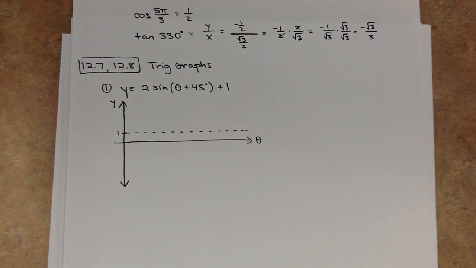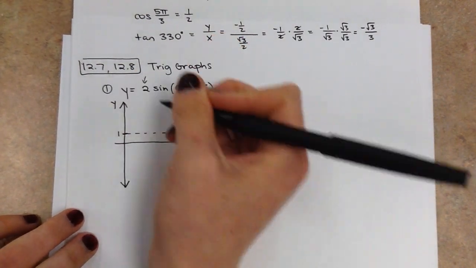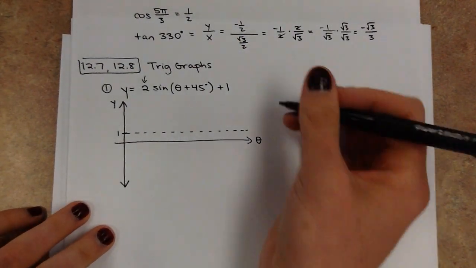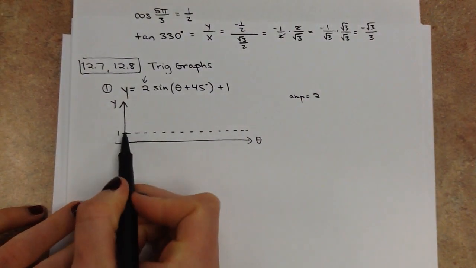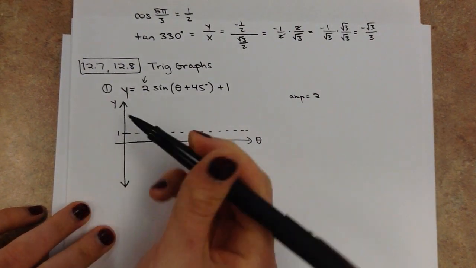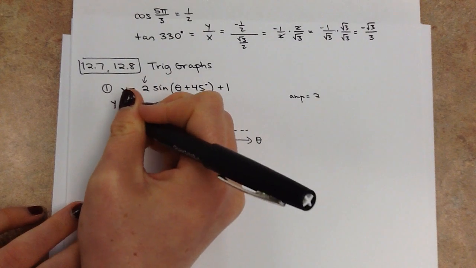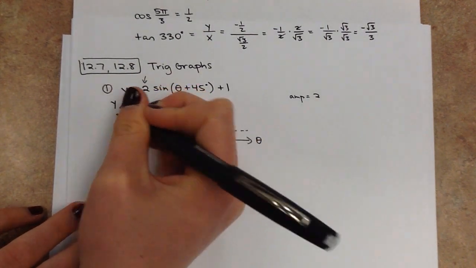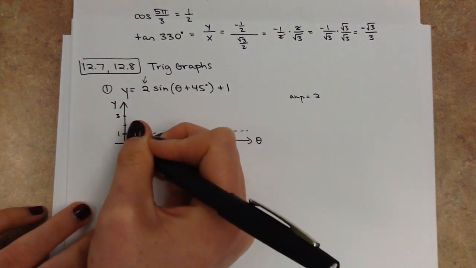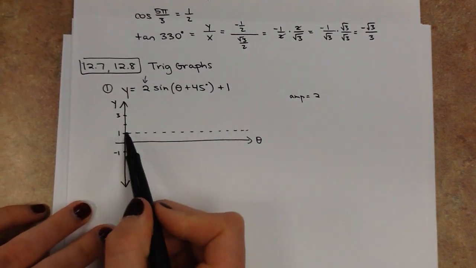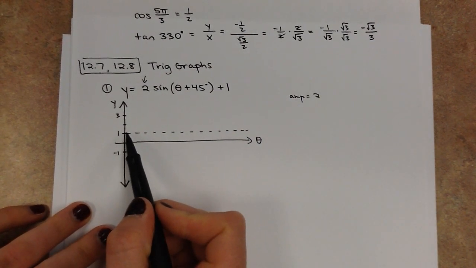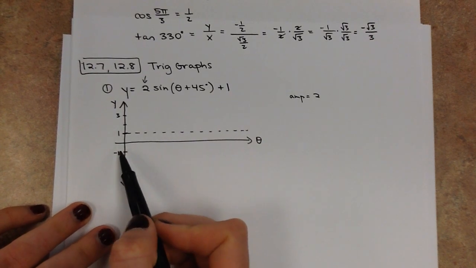That's step 1. Step 2, here's the amplitude. Okay, the amplitude is 2 units. So from this line, I go up 2 units to my high point, that would be 3, and I go down 2 units to my low point, that would be -1. So again, from this line, my midline, I go up 2 units and down 2 units.